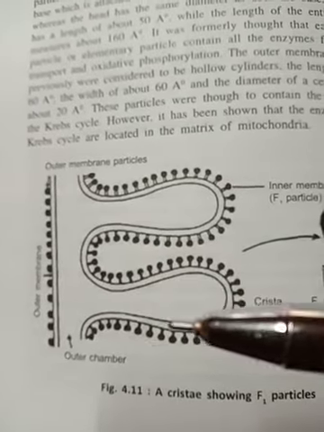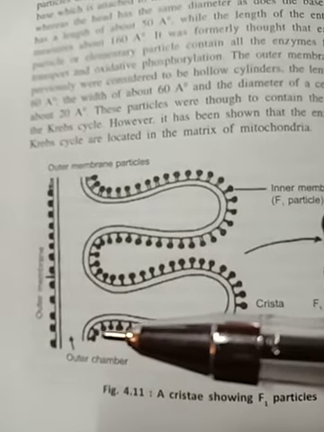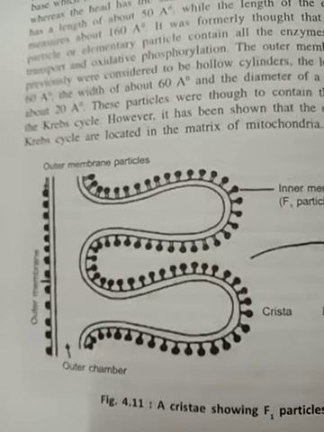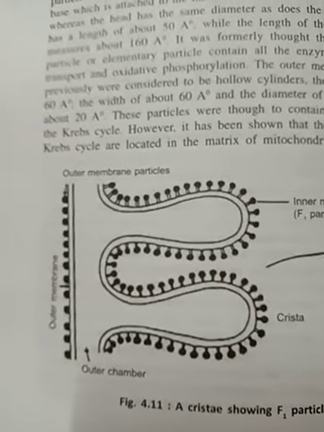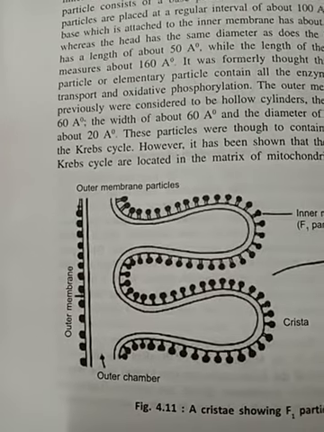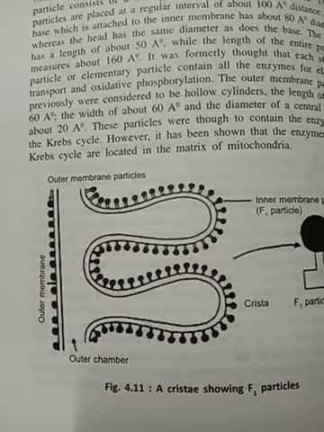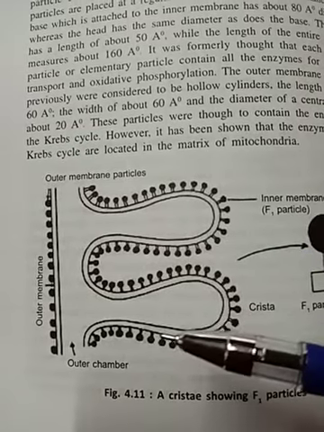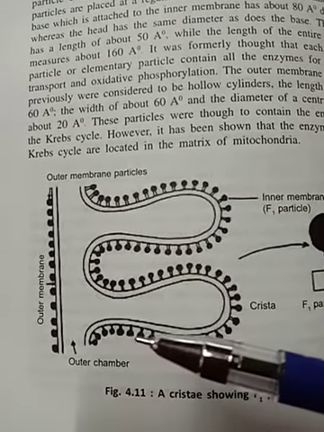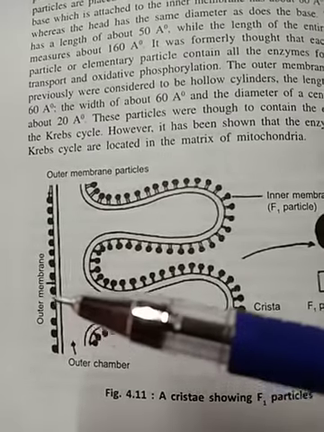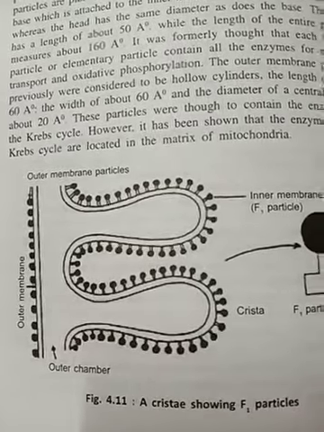You see here the outer chamber, that is the in-between space, that is outer membrane and inner membrane. These are the particles. You see here, these are the F1 particles and these are the outer particles.